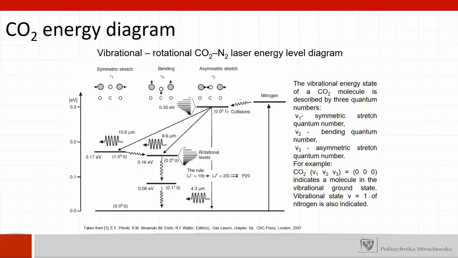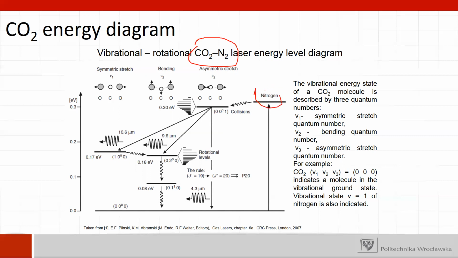And the system is also similar to what we had in the helium neon laser. Usually the CO2 laser contains a mixture of carbon dioxide and nitrogen. And nitrogen is responsible for absorbing the energy. So when we excite the discharge, nitrogen absorbs the energy.